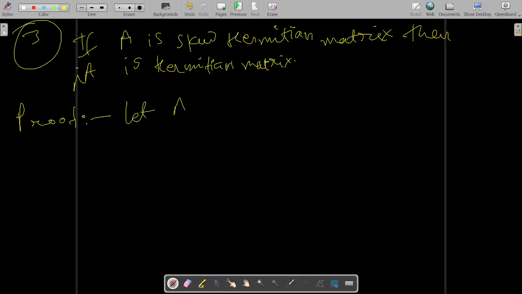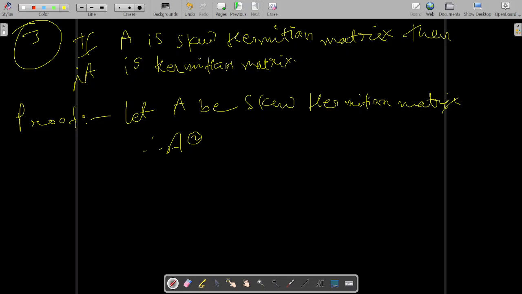Let A be skew Hermitian matrix. Then what will happen? Therefore, as it is skew Hermitian, so A conjugate will be equal to minus A. Now we have to prove that IA is Hermitian, right? So we will take again the conjugate only.